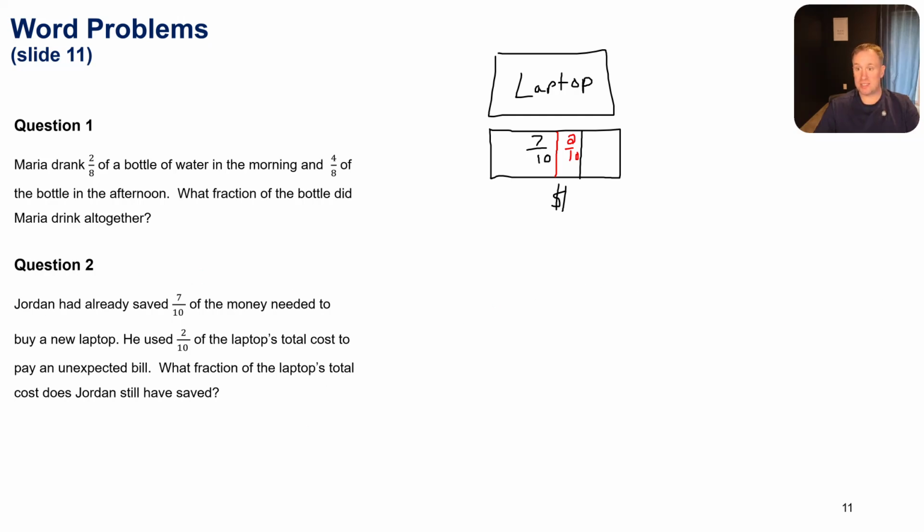So in other words, in this case, he started with 7/10, but then he spent some of this money on a bill, which was 2/10 of it, okay? So now we are subtracting our numerators, 7 and 2, which is 5, and writing that over a common denominator of 10. So now I have 5 over 10 as my result.